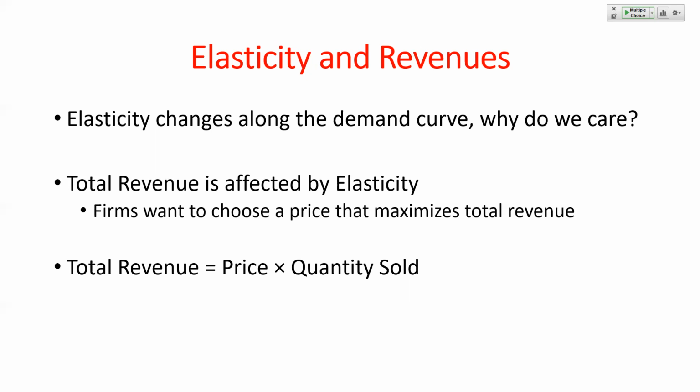So with this idea in mind, as long as demand is elastic, if I'm decreasing the price, that increases total revenues, because those price decreases are overcompensated for by larger percent increases in quantity demanded. So I continue to lower the price as long as it's still elastic.